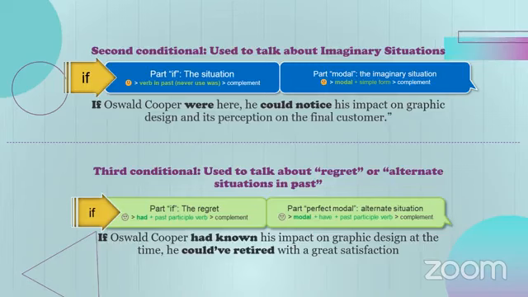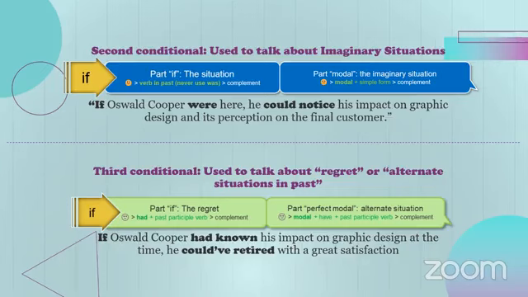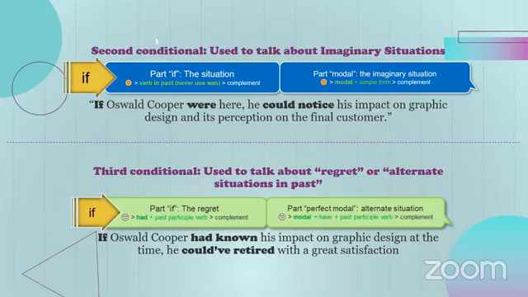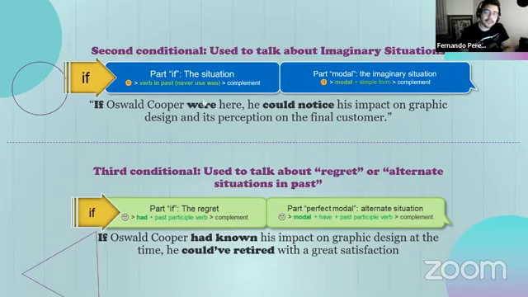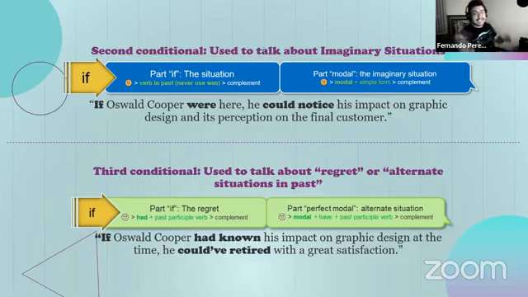Exactly. Because we cannot use was, the only option is to use were. So when you are imagining things, you need to use the word were, even when you are using the person I, or the person he, she, it, you cannot use was, because the difference is that one is real and one is not.